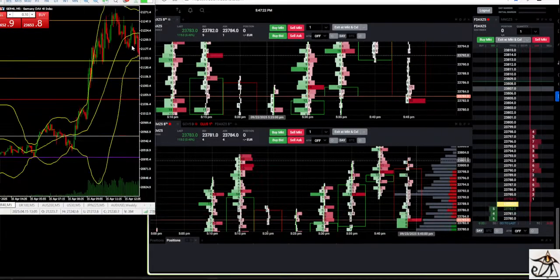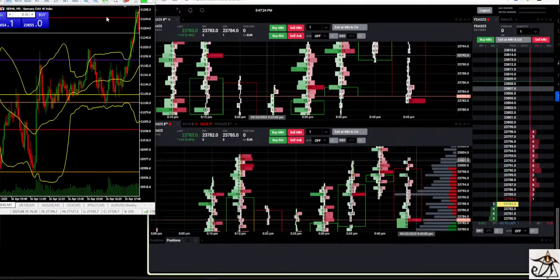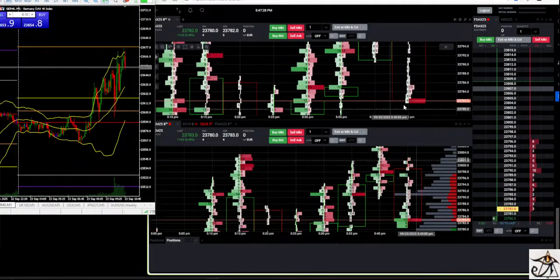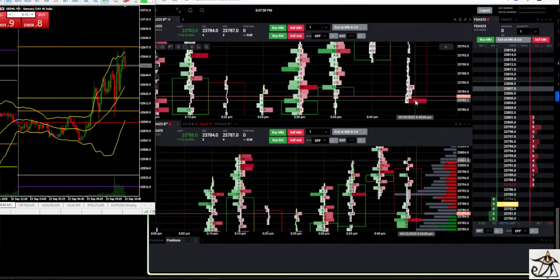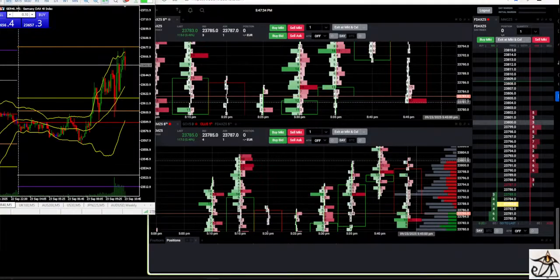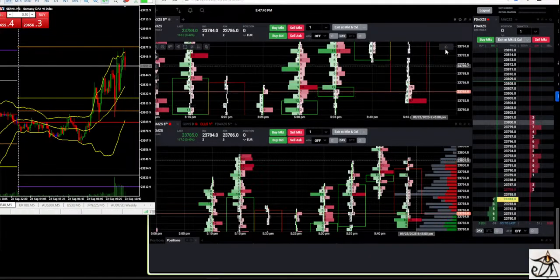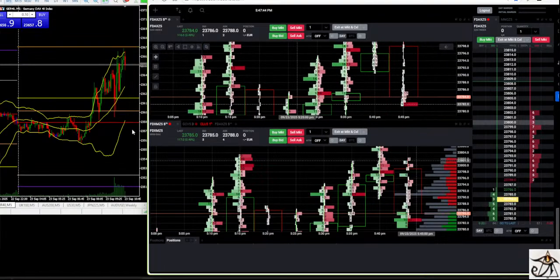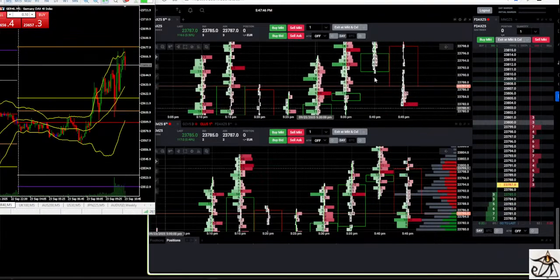So I'll just go back to the 5 minute now. See what that actually is, but 47, somebody looks like they're holding this level quite steadily. So I've got my stops in, I've got a few positions short. I do hope that we'll come down and perhaps get down to this high or close.